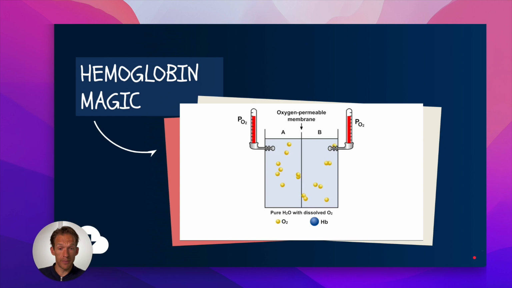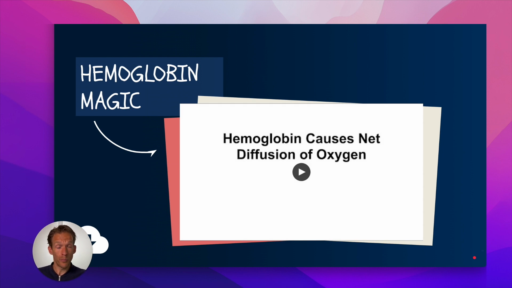So what you can see right here is that basically in both chambers, O2 can diffuse freely. Now, here we're going to add hemoglobin to one side, and then you can see that the pressure lowers on the right side temporarily, and as a result, this pressure difference will cause O2 from part A to diffuse into part B. So right now in part B, you have a lot more O2 molecules in total, but you still have the same O2 pressure on both sides, and that is what determines the diffusion and all the other factors.